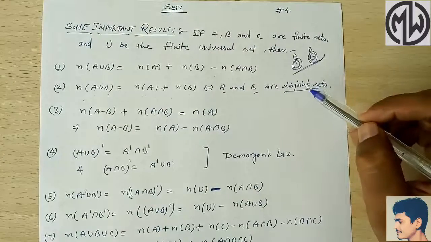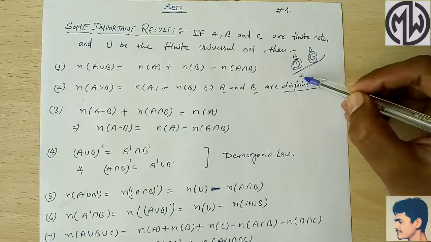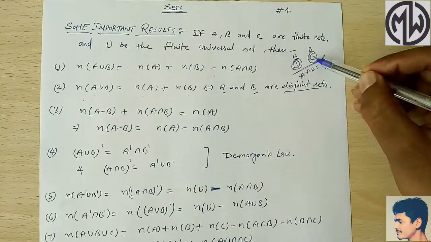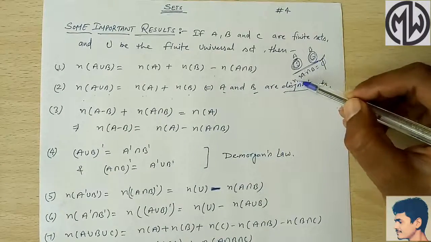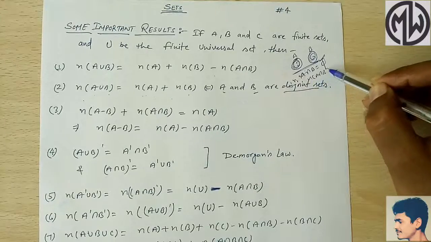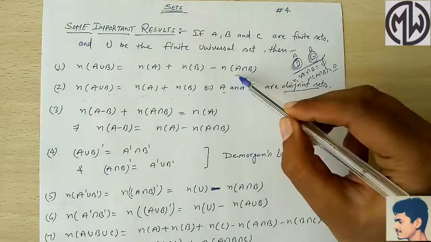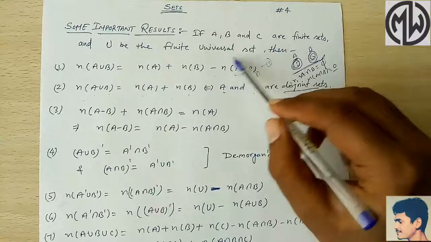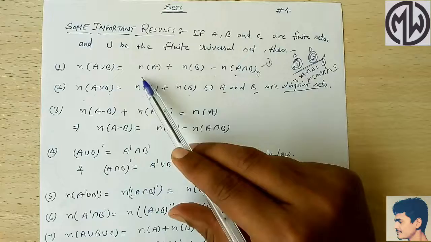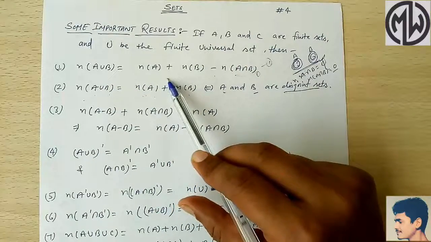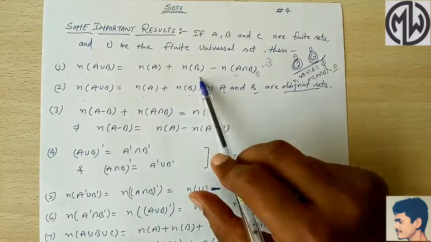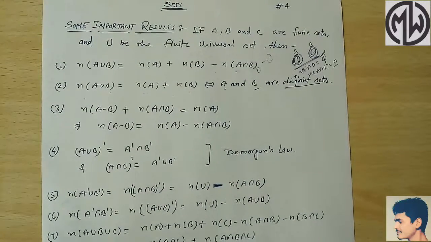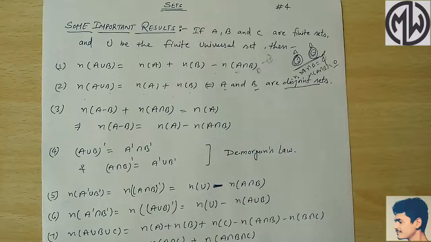So for disjoint sets we know A intersection B is equal to phi, because there is no common element in these two. That means number of A intersection B is equal to 0. So this part of the first identity is 0. If this part is 0, then number of A union B is equal to n of A plus n of B. Simple. Now we will see just the properties or results, because deriving them will take a lot of time.